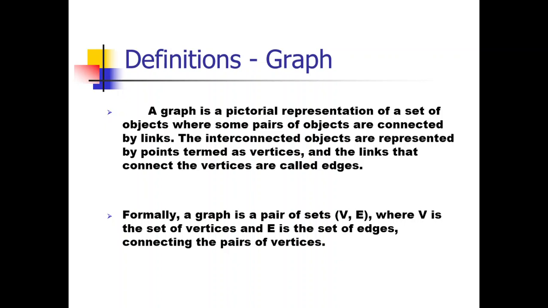The interconnected objects are represented by points called vertices, and the links that connect the vertices are called edges. Formally, a graph is a pair of sets (V, E), where V is a set of vertices and E is a set of edges connecting pairs of vertices. So that is the definition of a graph.